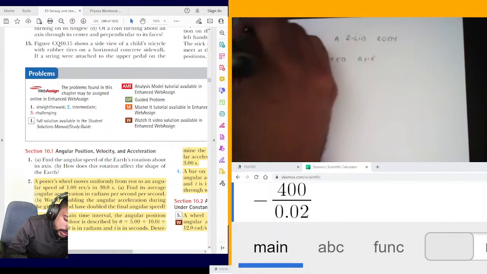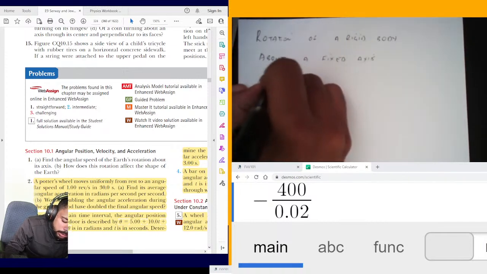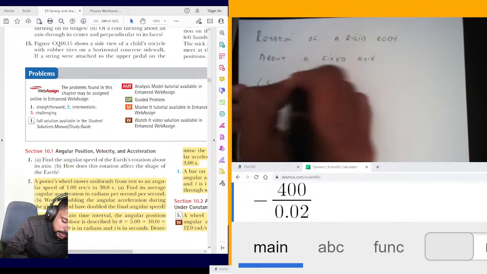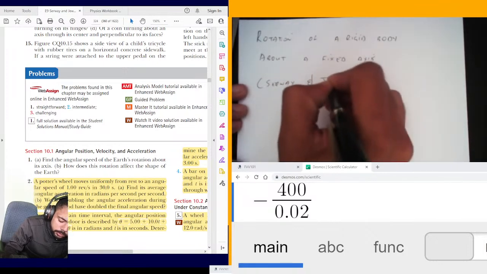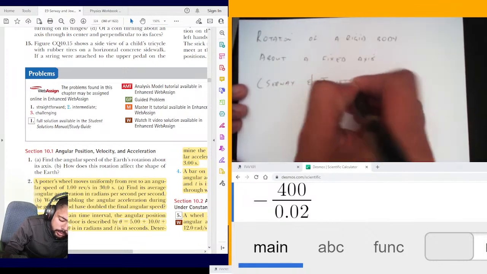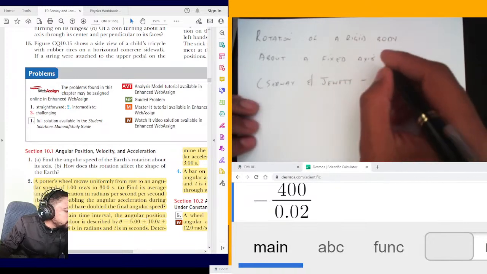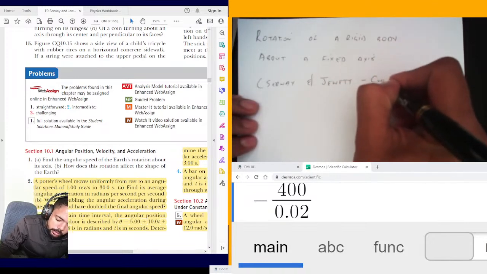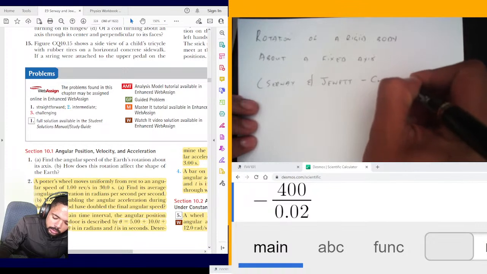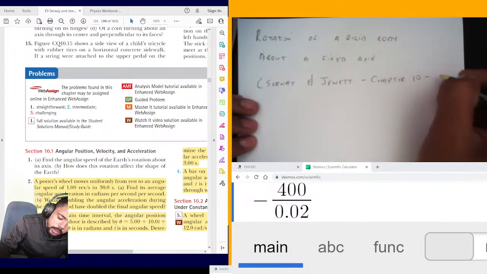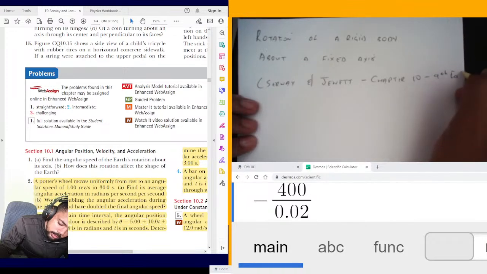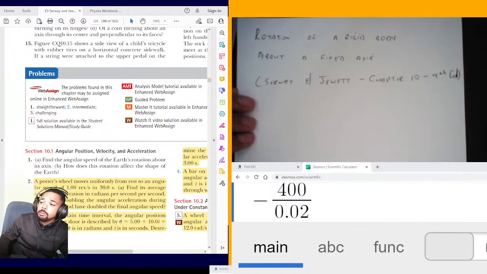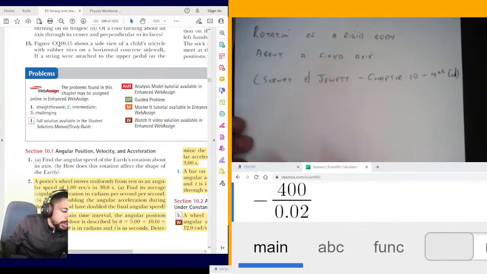This is in Serway and Jewett. We'll be doing problems from Serway and Jewett, Chapter 10, from the 9th edition. But you don't have to go consult the book. You can consult the book for other problems, yes, but I will be showing you the actual problems here on the board, and there they are.